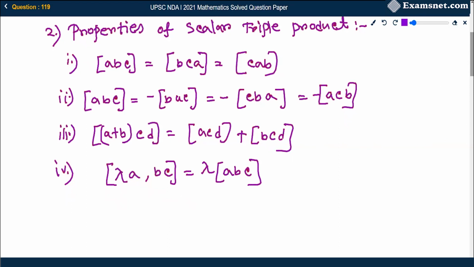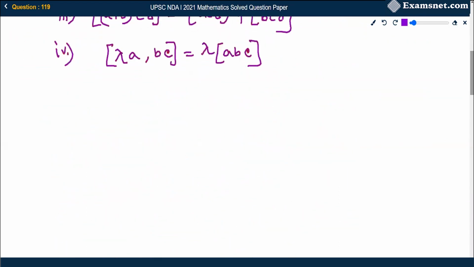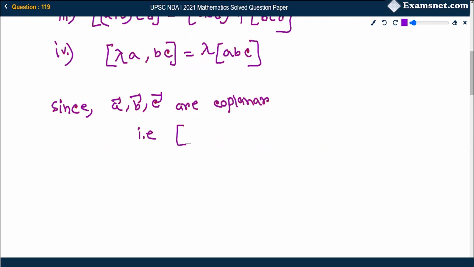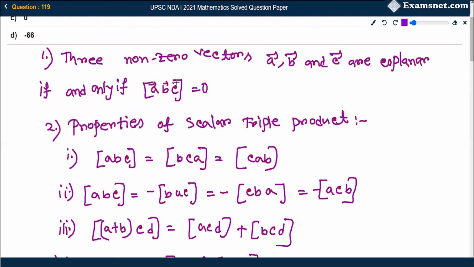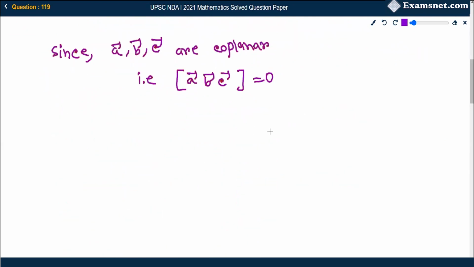Okay. Now let's look at the given expression. Since here A, B, and C are coplanar, we can write [A B C] equals 0.